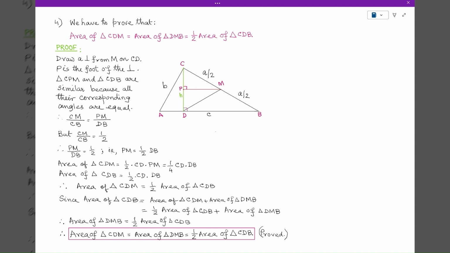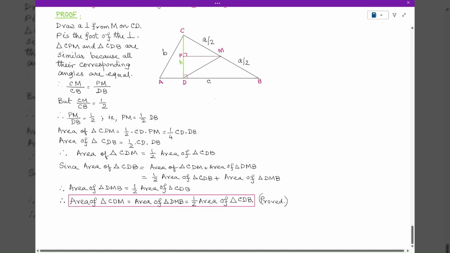Since area of CDB is equal to area of CDM plus area of DMB, that is, this whole area is equal to this area plus this area. Since this is true, we have area of CDB is equal to half of area of triangle CDB plus area of triangle DMB.